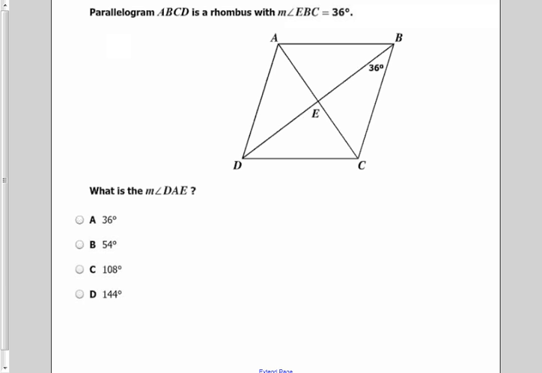All right, another parallelogram question here that has to do with a rhombus. This one says ABCD is a rhombus. So it gave you that hint there. We know that all the sides are congruent, and we also know that the diagonals are perpendicular bisectors and create 90-degree angles, right?